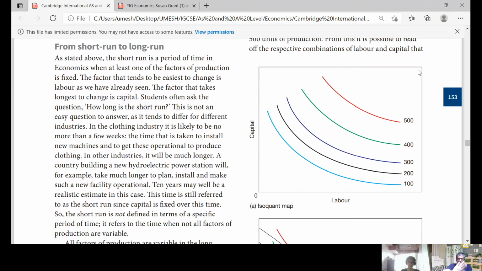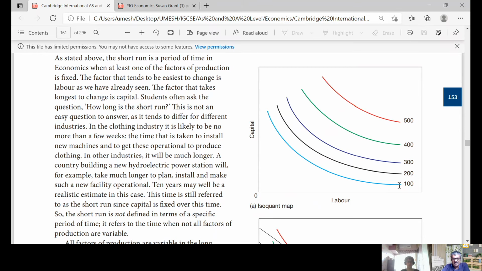And if you go on the right hand side, toward the x-axis, the isoquant tells me more of labor. So if I want to produce only 100, the light blue line shows me this much will be the isoquant, which will tell me I will have to use labor and capital.